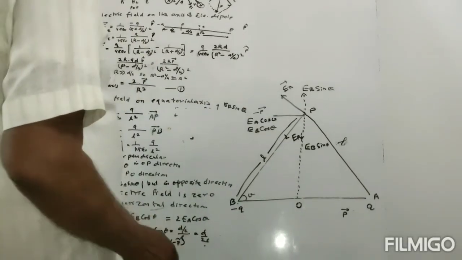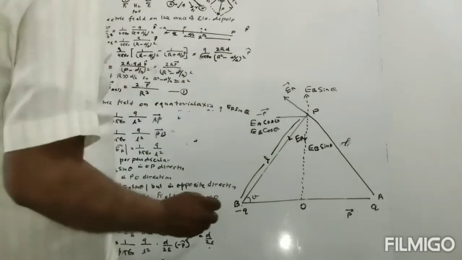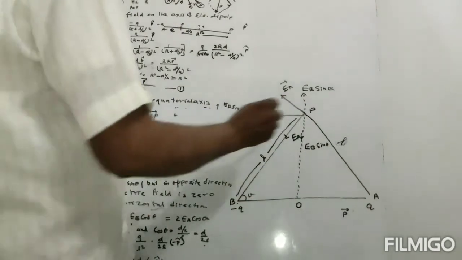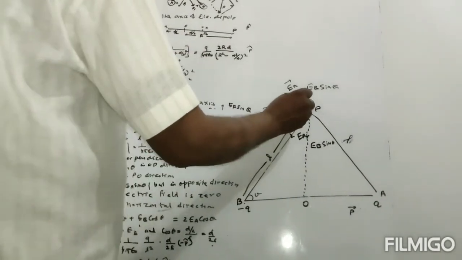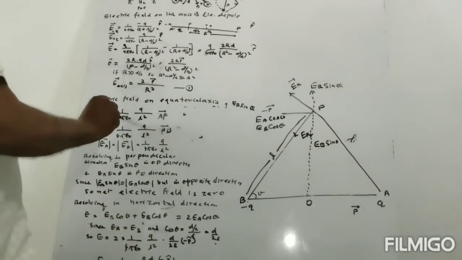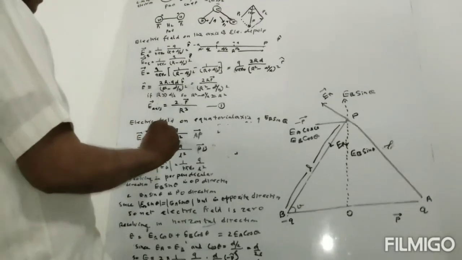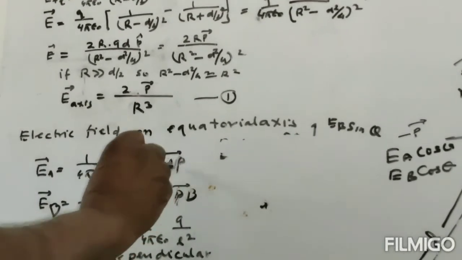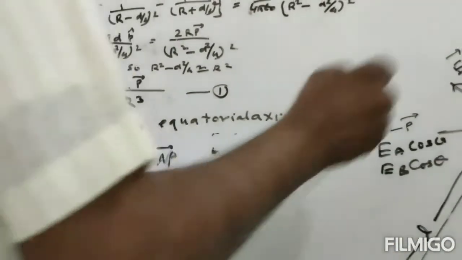Now what will be the electrical field at point P due to the positive charge? This will be equal to 1 by 4 pi epsilon 0 Q by L square, and its direction is AP, this direction.